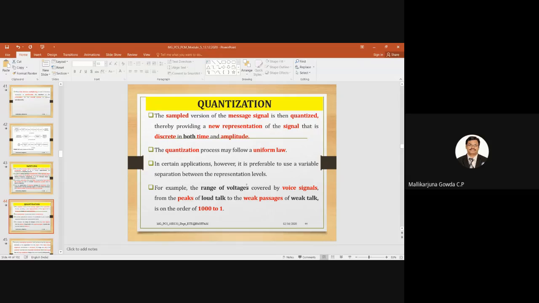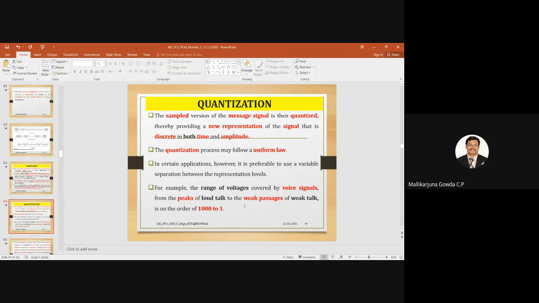As I said, in uniform quantization, the spacing between the representation levels will be fixed, right? But in some applications, it is required to use variable separation between the representation levels. Say for example, voice. Here the range of voltages covered by the voice signal will have peaks of loud talk to the weak passages of weak talk, right?